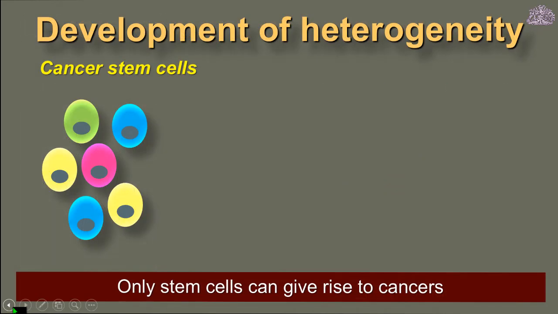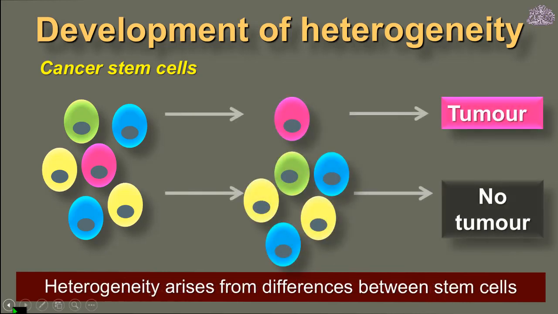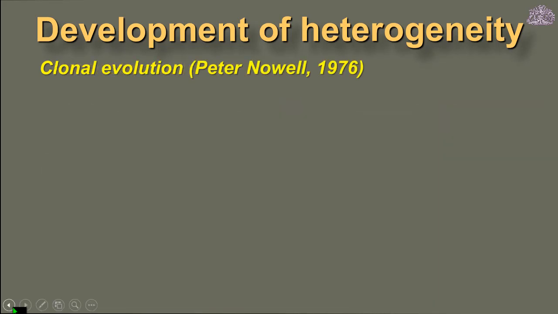Now, how does this heterogeneity come about? Very simplistically, if you believe that only cancer stem cells can grow into tumors, then you need a large population of different cancer stem cells to result in this level of complexity. More often, what is more widely subscribed now is this idea of clonal evolution that was proposed by Peter Nowell in 1976.